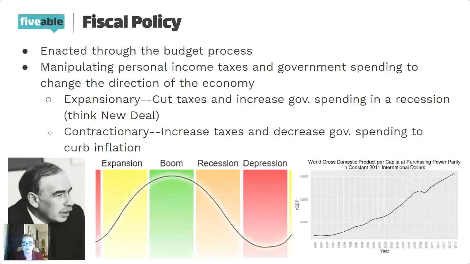Who initiates the budget? Who kind of comes up with the budget plan? Who makes alterations to that plan and votes and passes it? And then who ultimately approves the budget? I'm talking about branches of government.